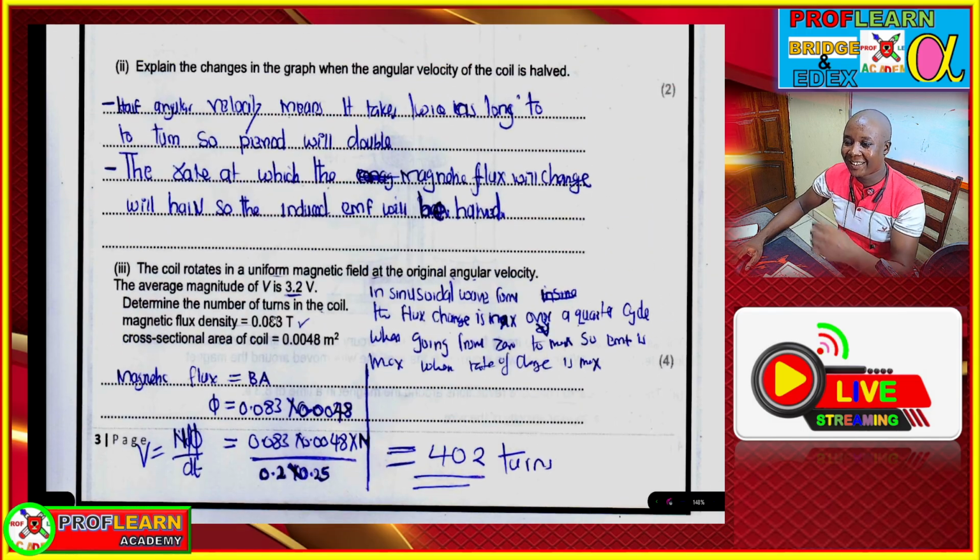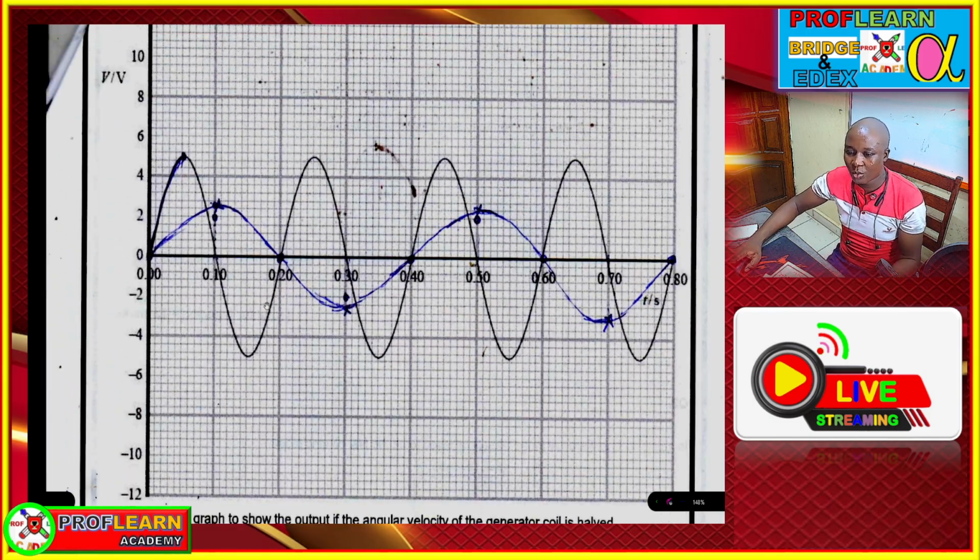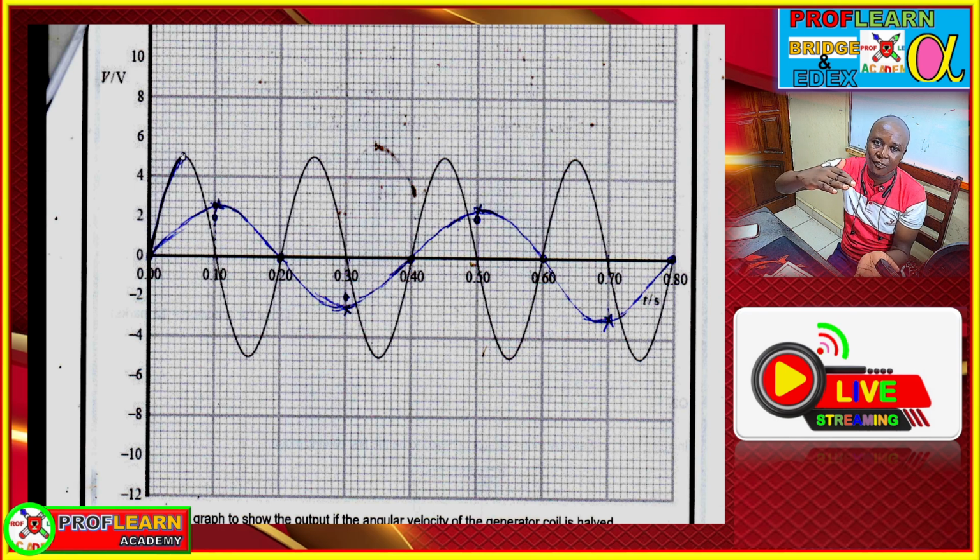time. But time, guys, I know most of the students will make a mistake here. The time you are going to use is not the periodic time. The magnetic flux linkage is changing from 0 to this maximum point. That's where the change of the magnetic flux is starting from 0 to the maximum.